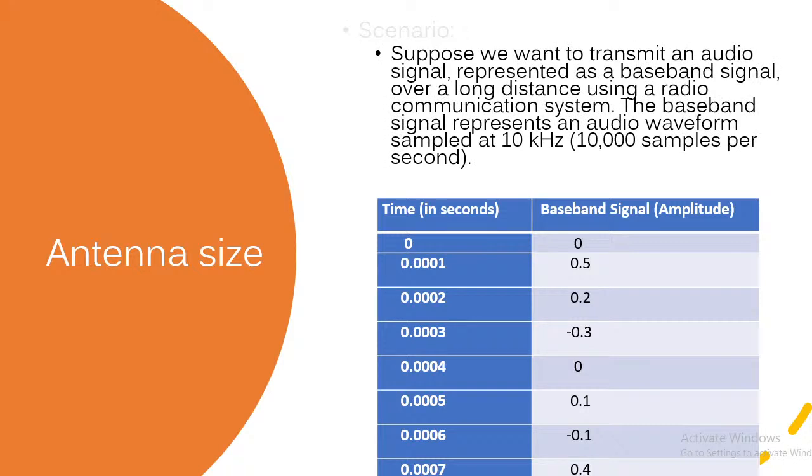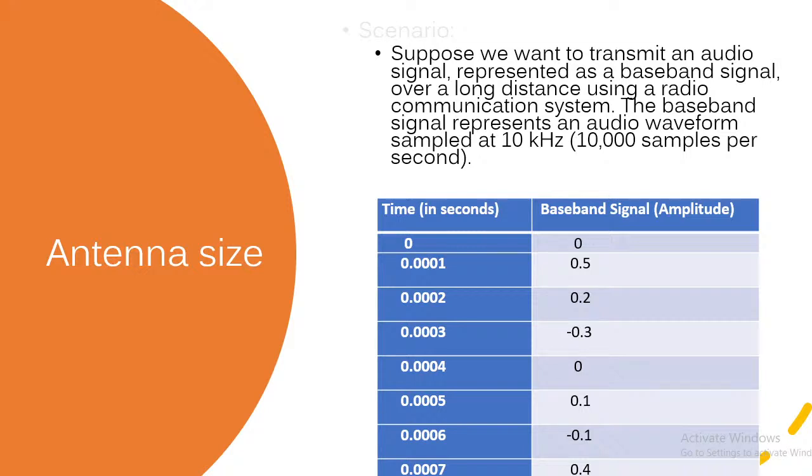Suppose we want to transmit an audio signal, which is the baseband signal, over a long distance using a radio communication system or an antenna. In this example, let us consider an audio waveform sampled at 10 kilohertz, which means 10,000 samples per second.